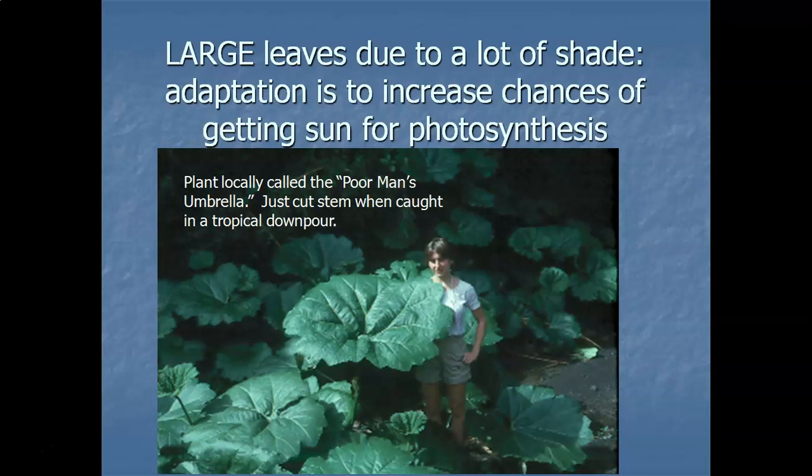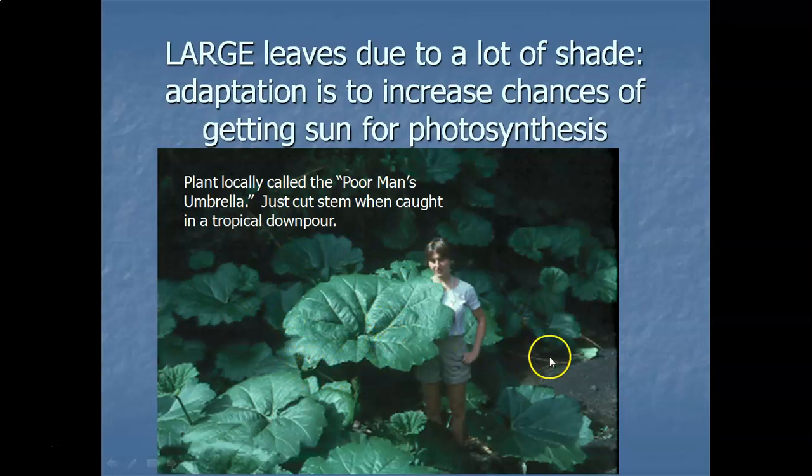Even if you go to the tropical section of your local nursery, you'll notice that the tropical plants you might want to buy all have very, very large leaves. And so what is this adaptation? Because of the dense canopy, due to the high rainfall and the amount of shade, plants tend to have very, very large leaves to increase their chances of getting a little bit of sunlight to carry on photosynthesis.